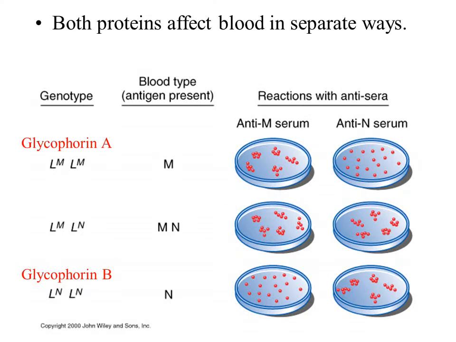Look at how we write it out in the slide image. If a person has glycophorin A only, we'll give them an uppercase L with a superscript big M. If they express only glycophorin B, we'll give them a big L with a superscript N. If they express both of these proteins, we must give them both letters.